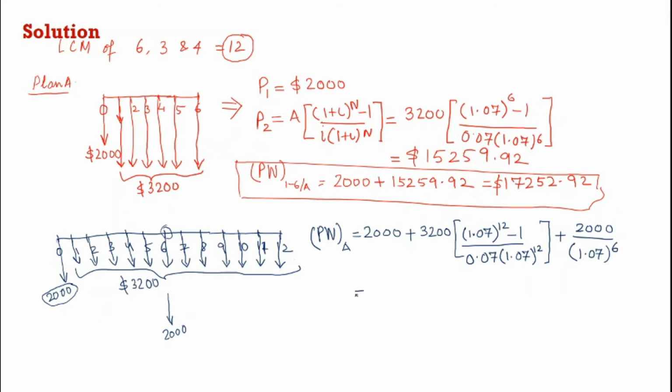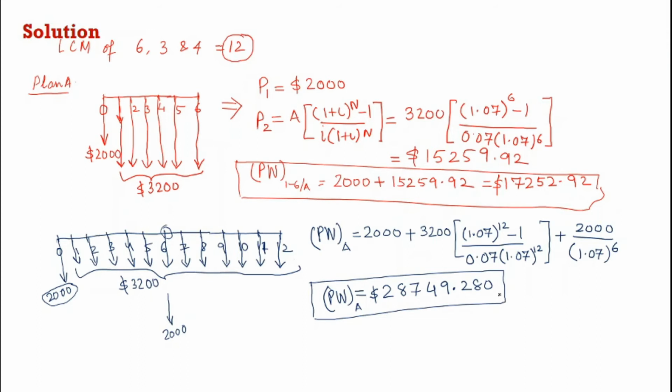And if I compute this value, this comes out to be 28,749.280. So this is the present worth of plan A. So I have drawn the cash flow up to 12 years, and with that I have computed this.